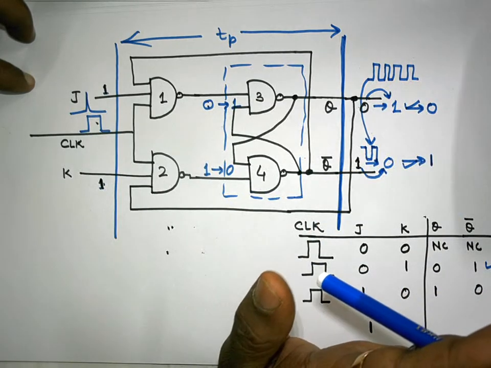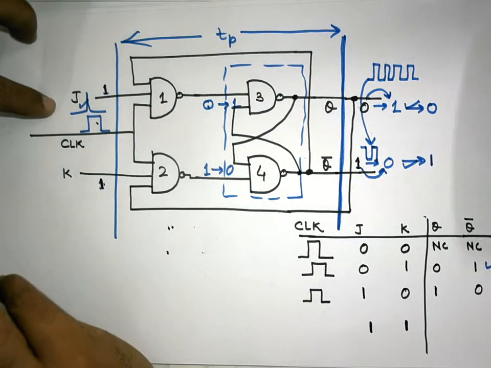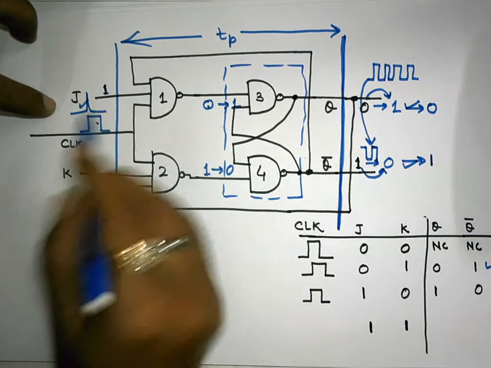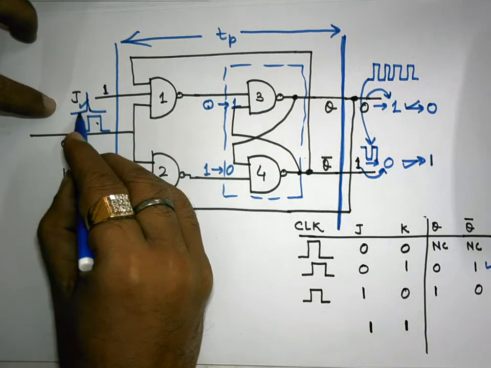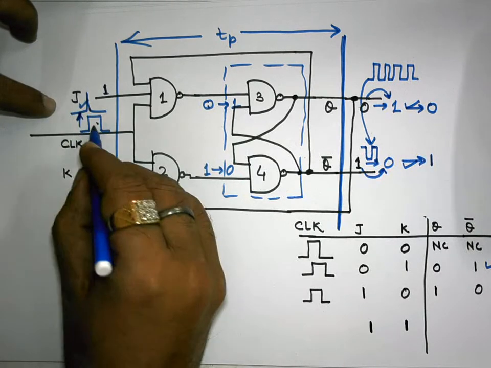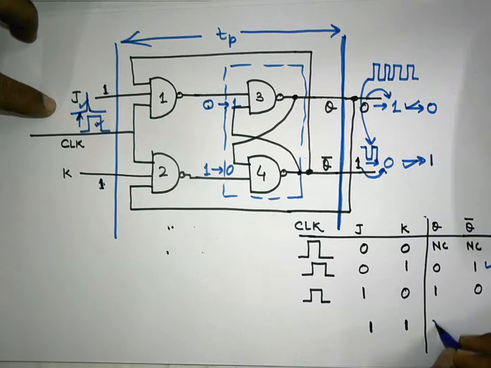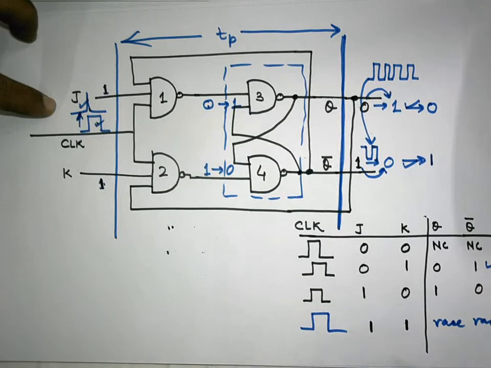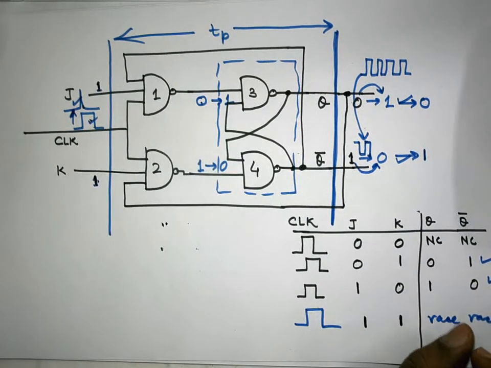This can be accomplished by using edge triggering. That's why we prefer the edge triggering circuit instead of level triggering. In this condition also we get a race kind of situation. So just to avoid this race, we apply edge triggering, and edge triggering is obtained using the differentiator circuit.